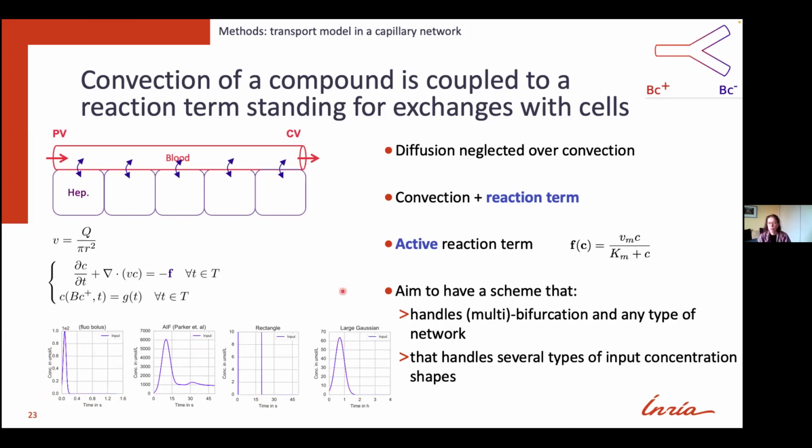So you can imagine that from a numerical point of view, it's going to be more complex if you have to deal with a sharpened input function. So we wanted to have a numerical scheme that can handle multifurcations, and that handles these several types of input function shapes.